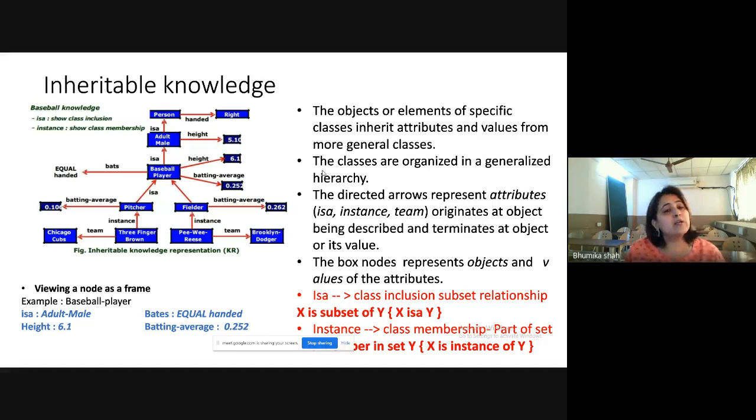So this is called an inheritance hierarchy. All the entities or objects we are talking about, which we have identified out of our domain, are related with each other in some hierarchy at one level or another.